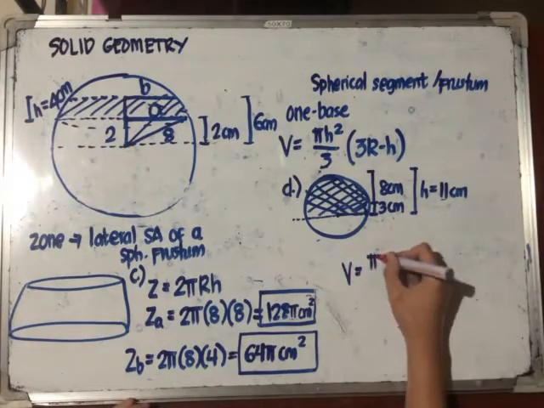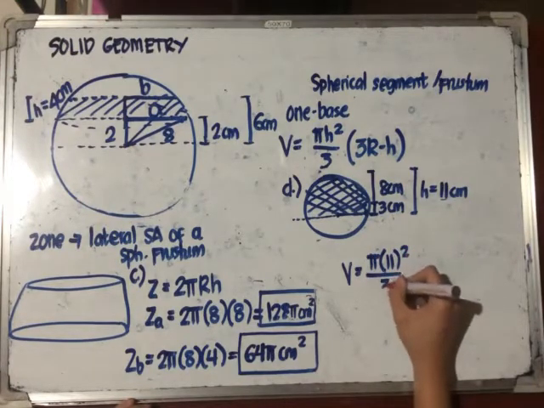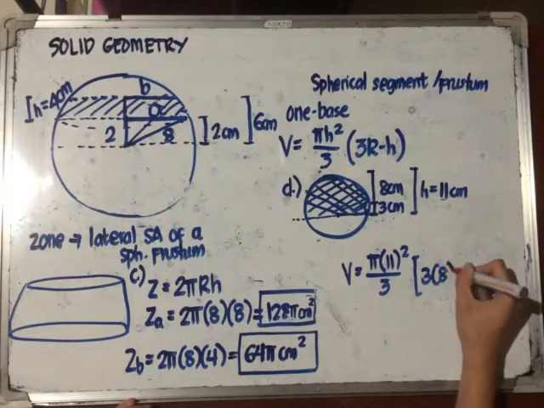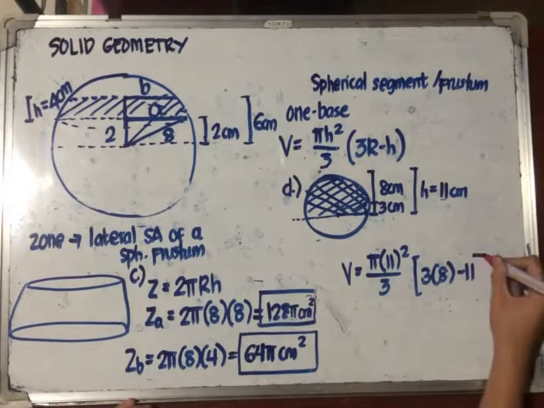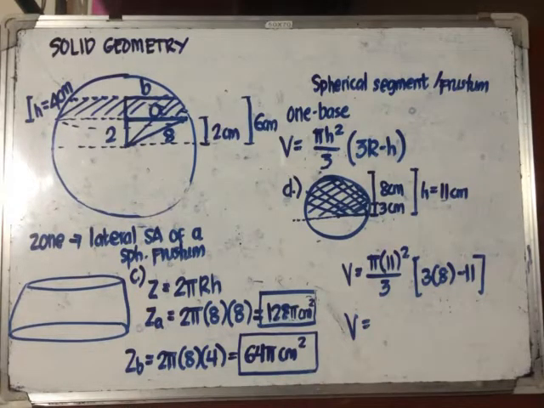This would be pi times H, which is 11 squared, over 3. You have here 3 times the radius 8 minus 11. That would give us our final answer for this last problem.